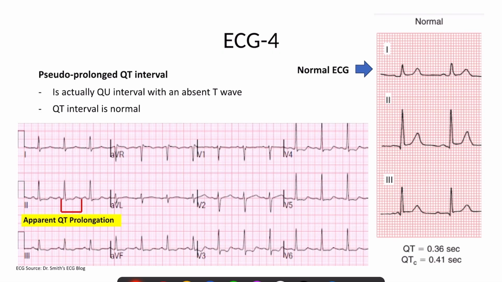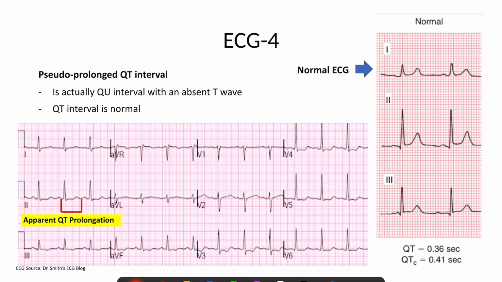The next ECG change in hypokalemia is apparent prolongation of the QT interval. Actually, the QT interval is normal in hypokalemia, but because the T wave and U wave usually merge, when we calculate the QT interval, we tend to be confused because of the presence of the U wave.